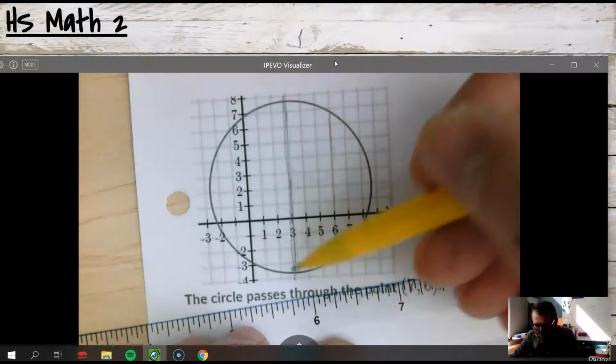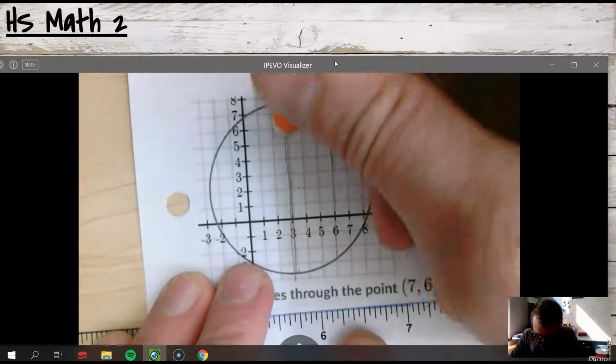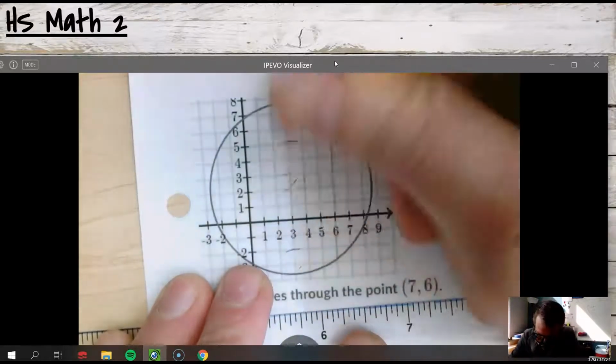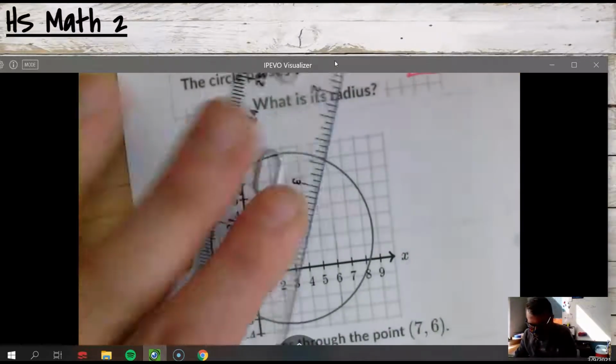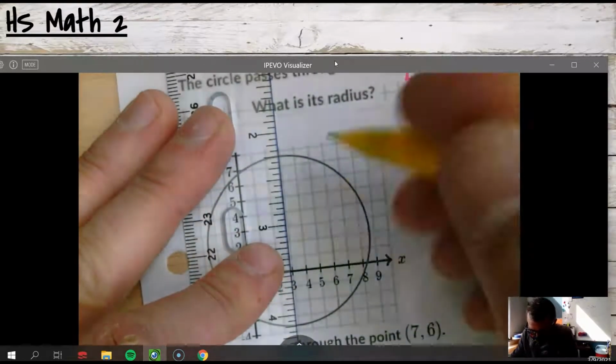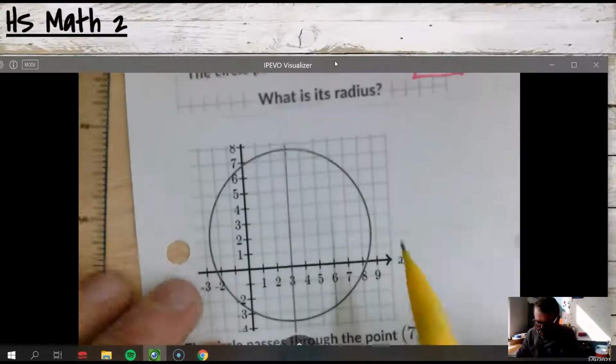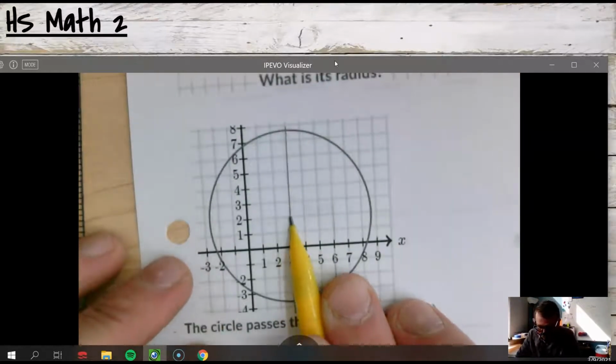For this to be our diameter, and I should just use my ruler and draw a light line instead of making it so sloppy, if this is our diameter, it will be equidistant from the left and right sides. So exactly what you guys are telling me to do.